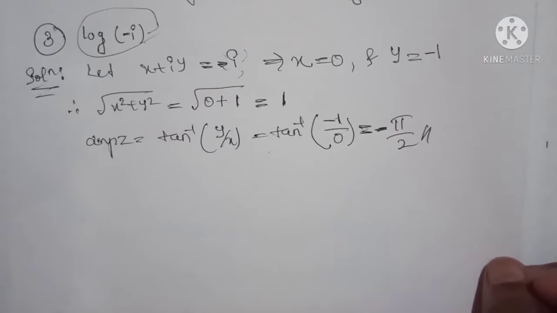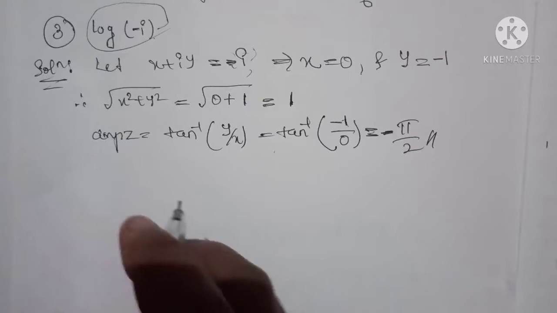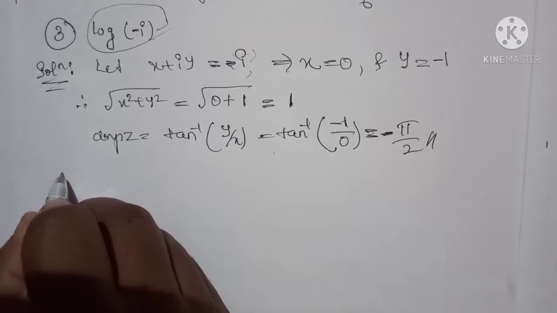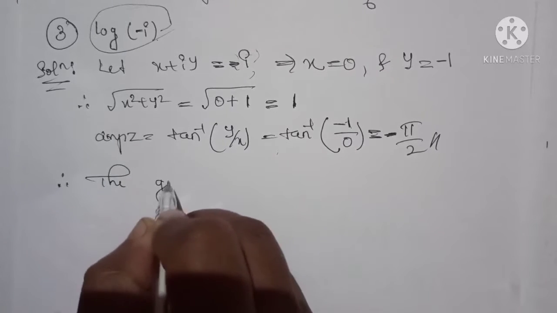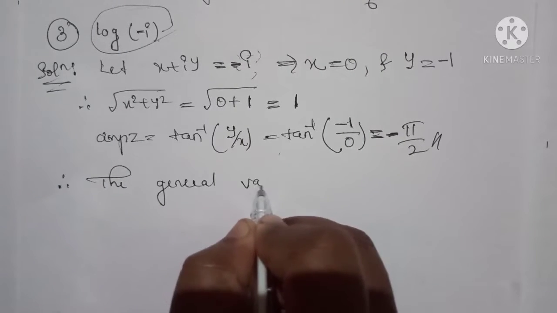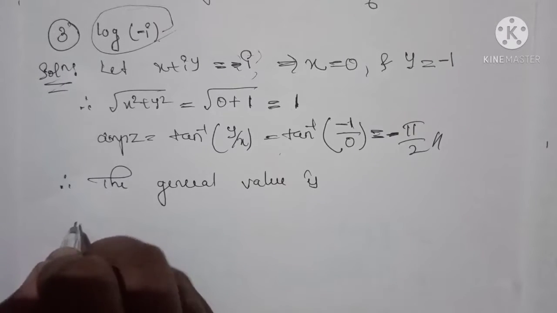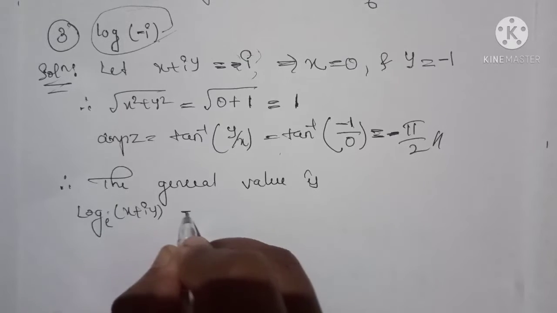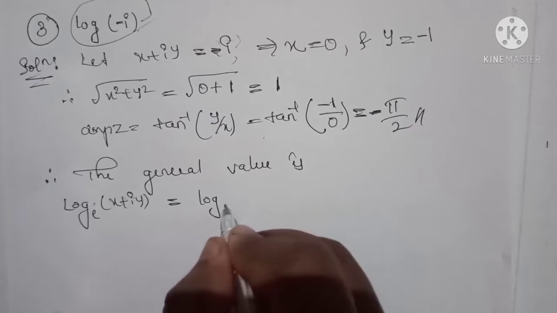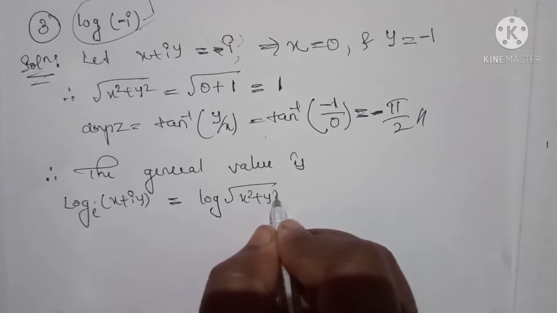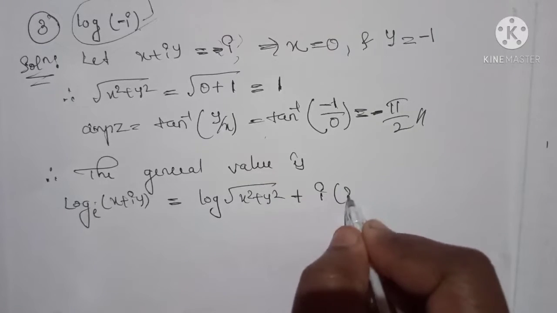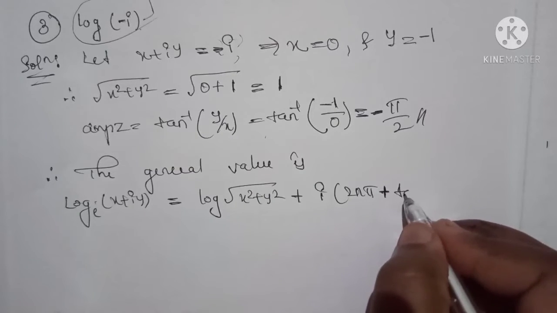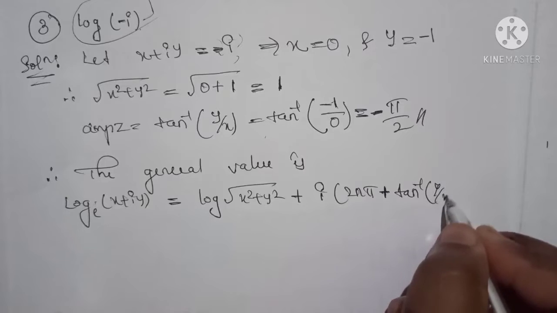Now substituting all these values into the general value formula, the general value is, first we write the formula, log of x plus iy equals log of square root of x square plus y square plus i into 2n pi plus tan inverse of y by x.